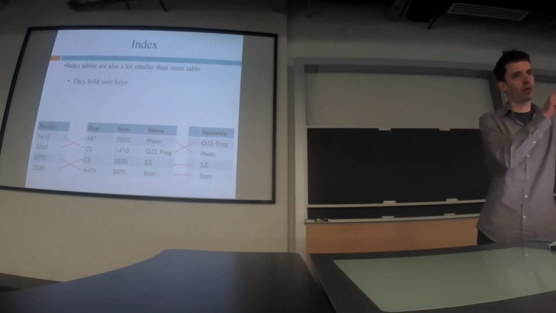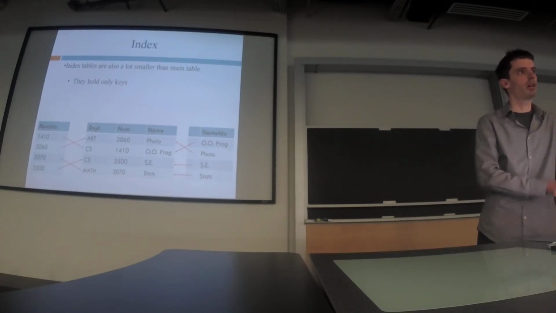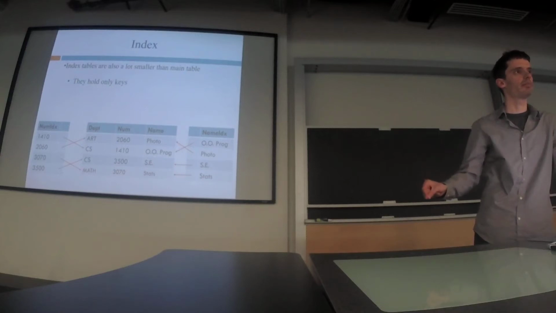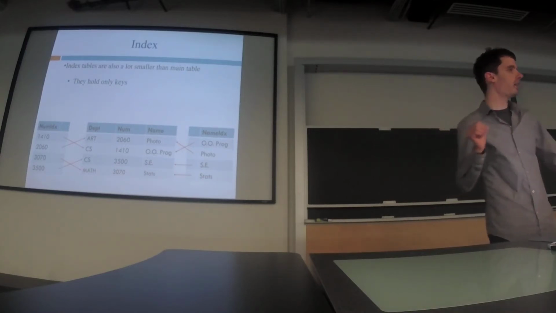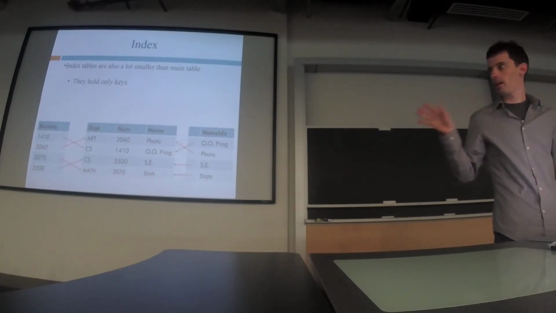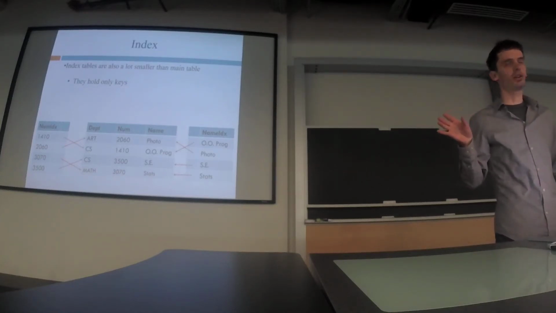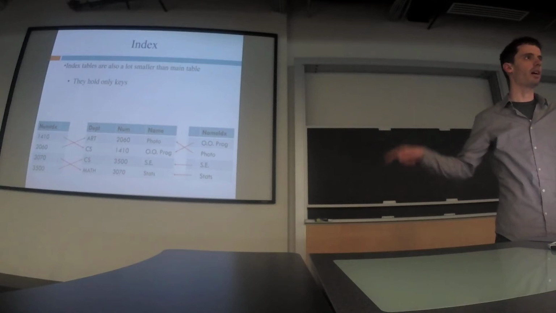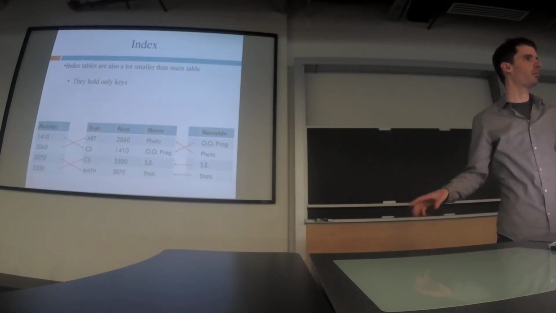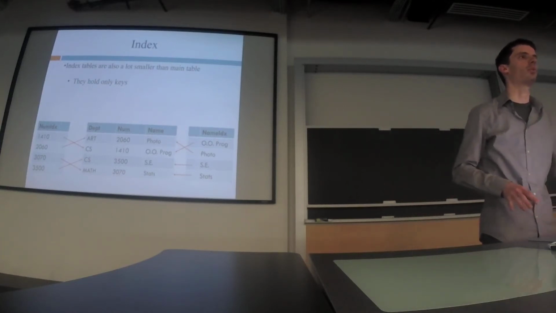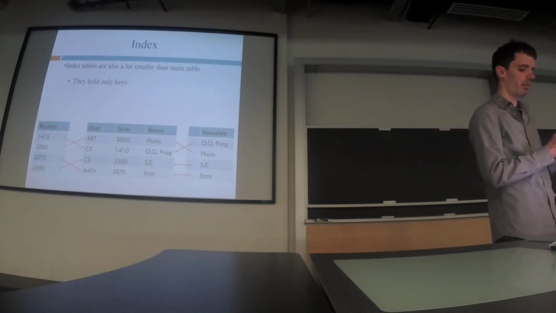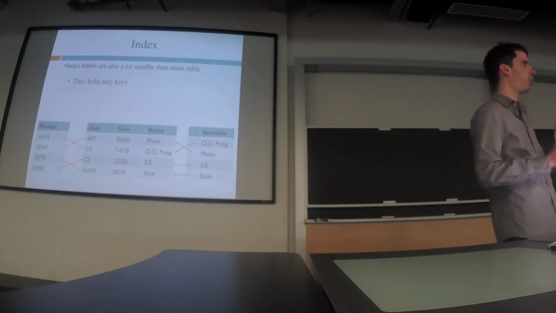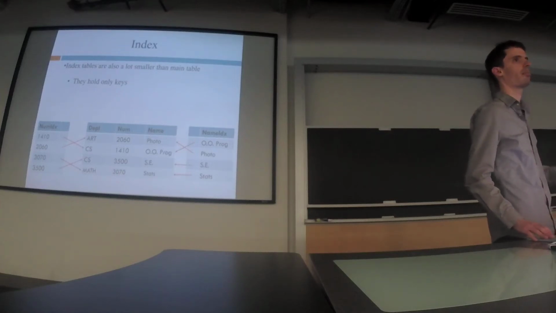All they hold is whatever key the index was built on plus a pointer to the main table. And in fact, I won't draw them this way today, but it turns out you don't even actually need to save every key in the index table due to the way that data structure works. So these index tables are very compact, very small. It's not as bad as it looks adding all this extra data.